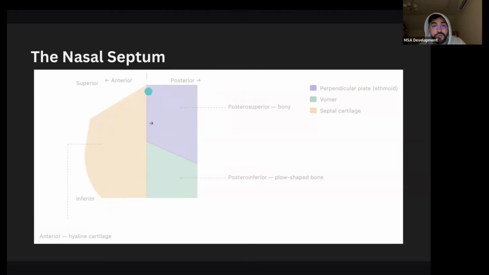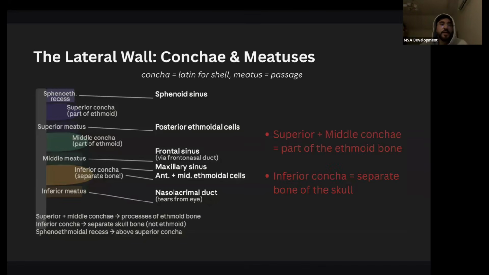Okay, so this part right here, superiorly, is made of the perpendicular plate of the ethmoid. And this one right here is the vomer. Okay. In radiology, we will discuss this further. You'll be able to see the vomer, you'll be able to see the perpendicular plate of the ethmoid as well, which we're going to discuss later, inshallah.